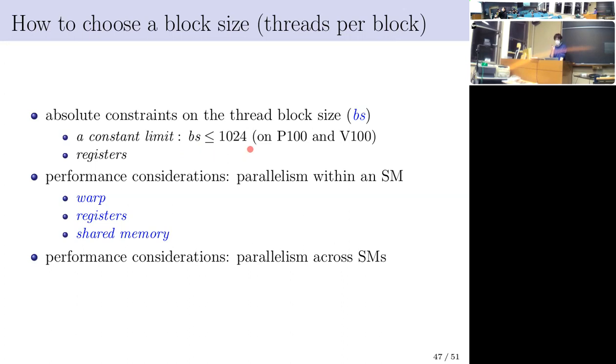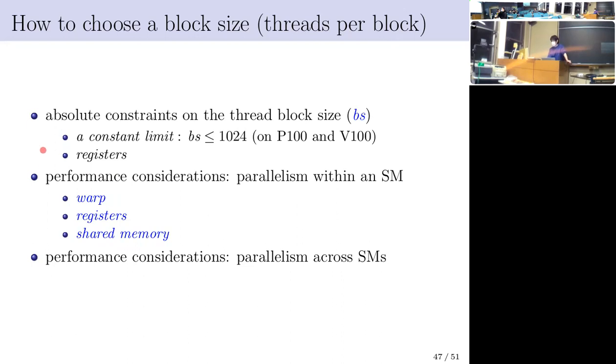So you cannot have a single thread block having 2048 threads, for example. Another constraint, which I'll get to in the next slide, is the usage of registers. I come to this in a few slides.